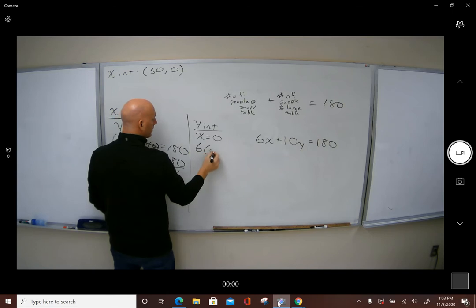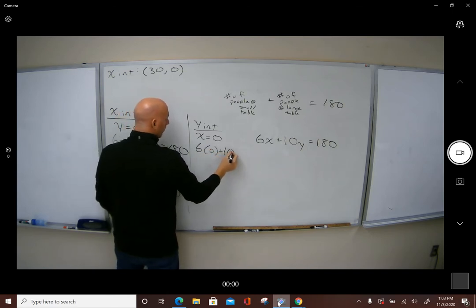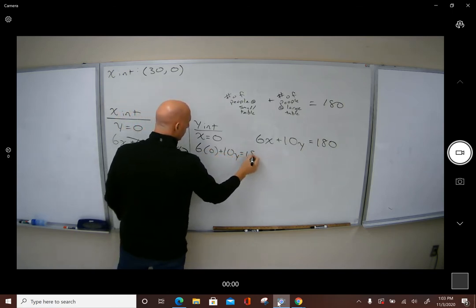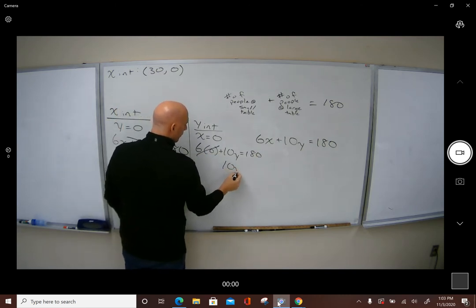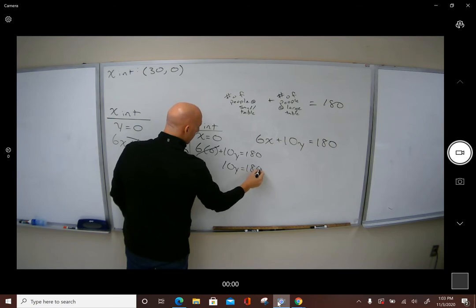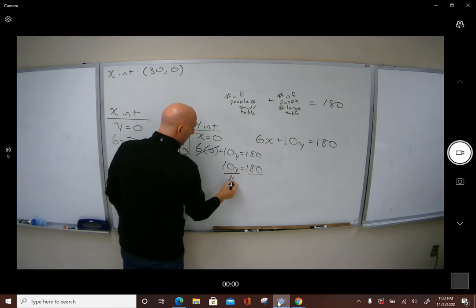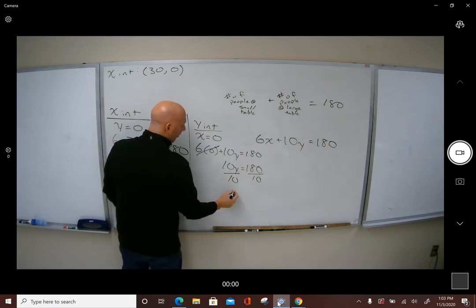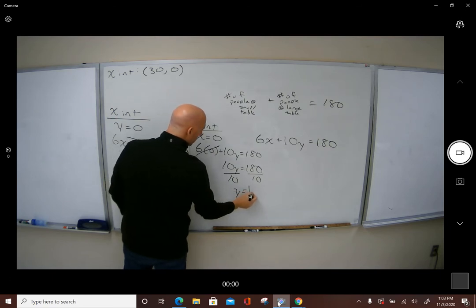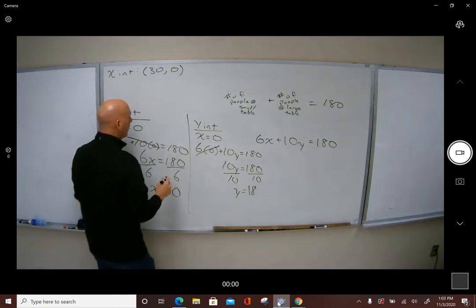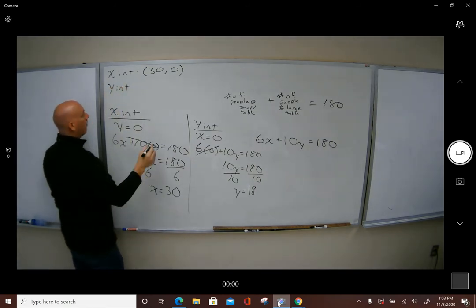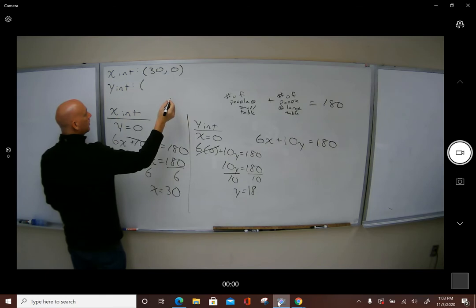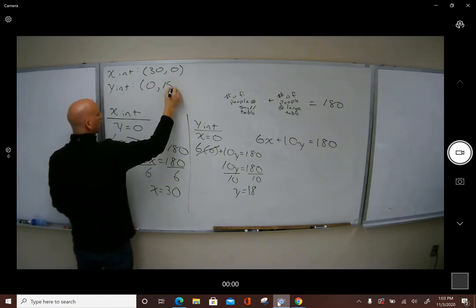So you're at 6 times 0 plus 10y equals 180. That goes to 0. 10y equals 180. Divide both sides by 10 to get y by itself, and you're at y equals 18. So our y-intercept must be the point (0, 18).